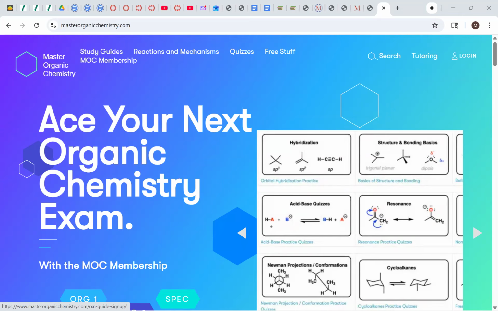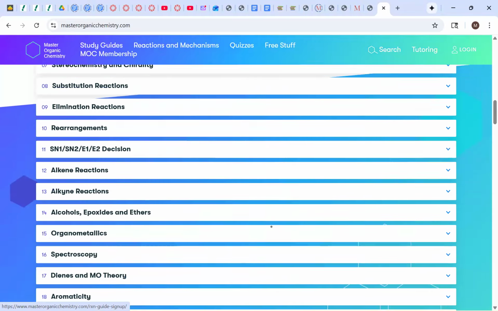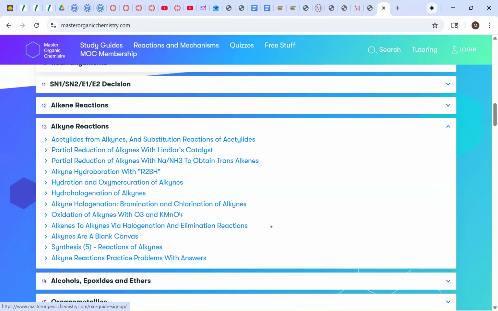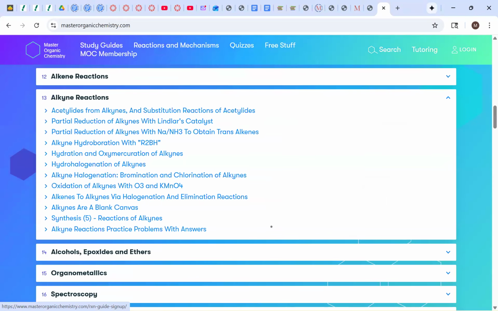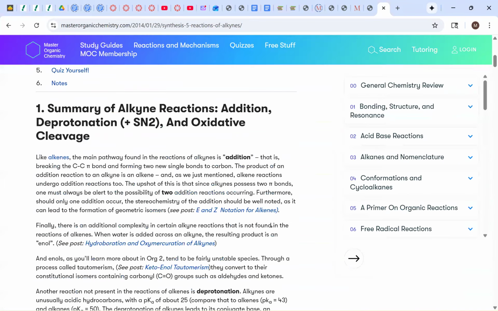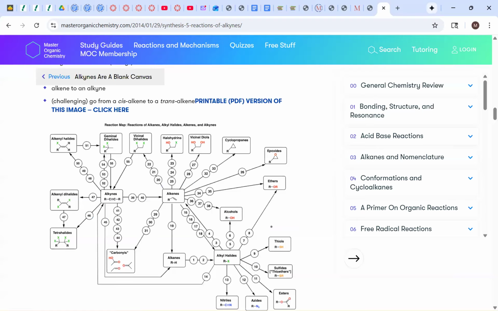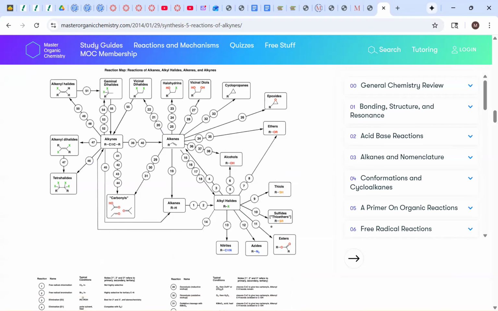If I scroll down here to the alkyne reactions unit, it's got pretty much all the reactions that we've talked about. And I want to highlight this table that they put here. This is a summary of pretty much everything that we've talked about so far this semester.